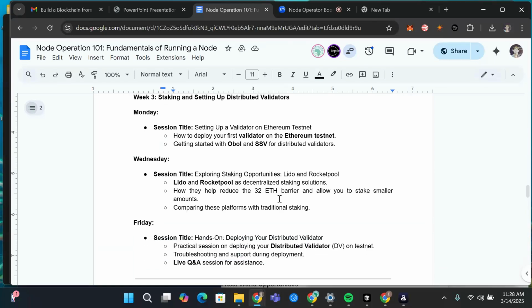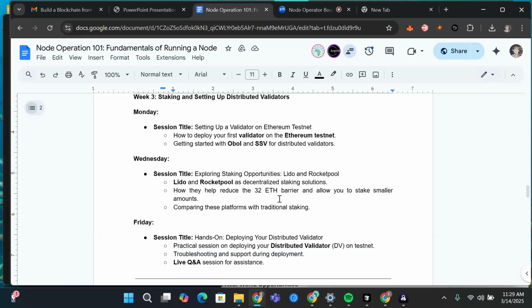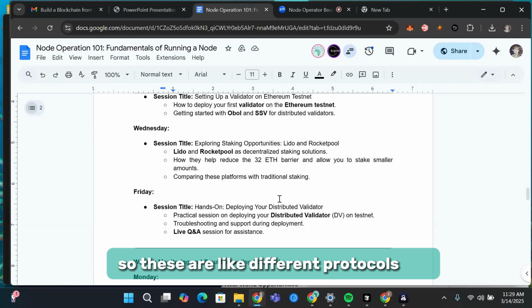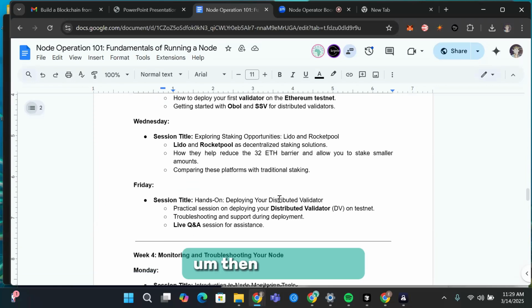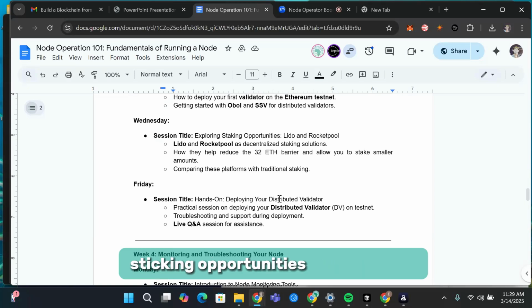So we would also introduce you to Obol and SSV. These are different protocols too. Then you explore staking opportunities.